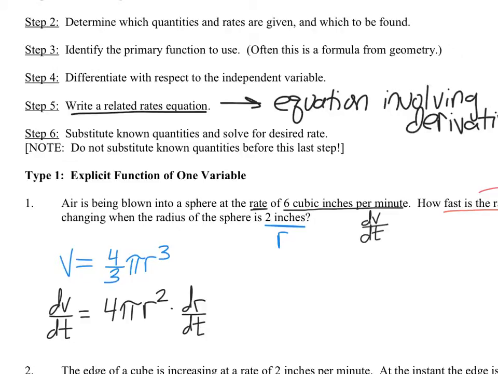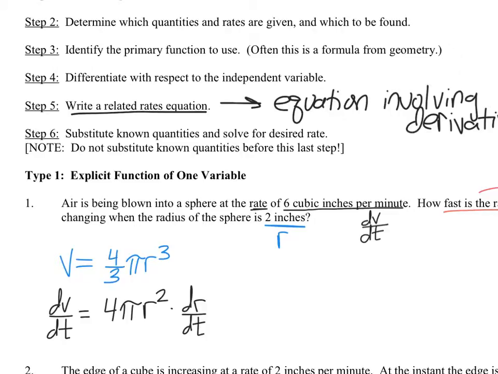You know, stop the clock after 1 second, stop the clock after 2 seconds, collect the radii, 5 seconds, 10 seconds, whatever, and then pop it in the calculator, do a regression, come up with a function. We would have an r equation in terms of time. Here we don't, but we have to imagine, or at least assume, that there is some r equation out there in terms of time. And so when I take the derivative, I also have to take the derivative of that inner unknown function.